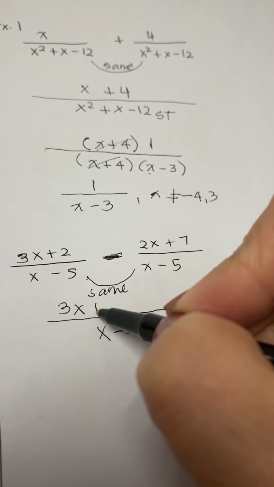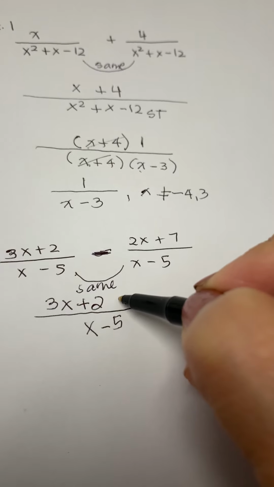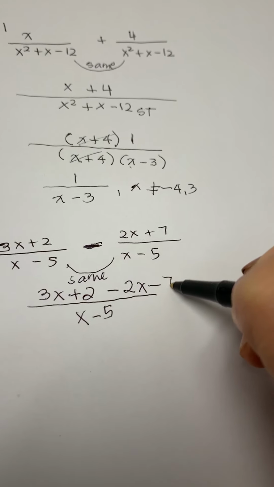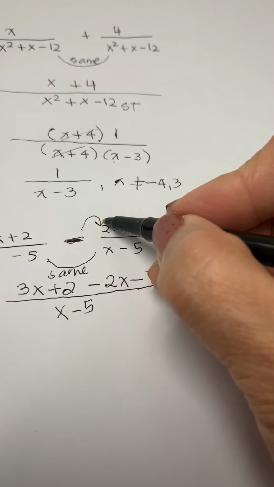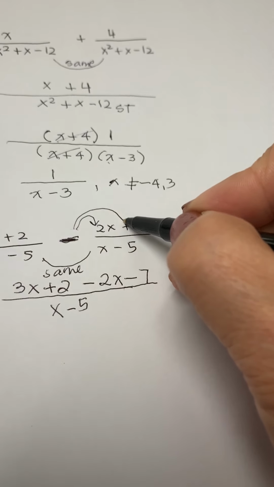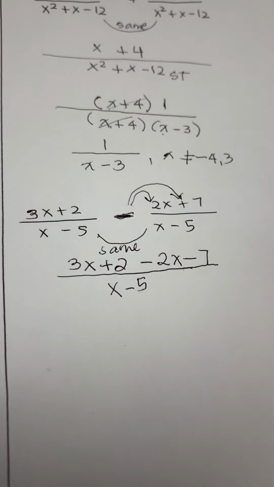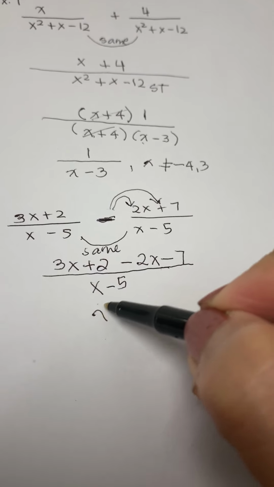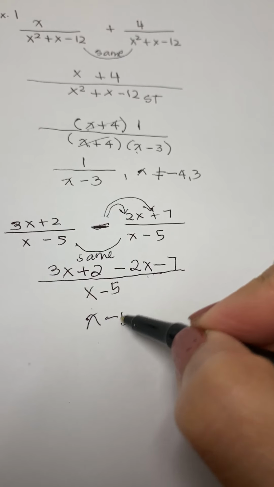So 3x plus 2. You could write minus parentheses, or you could just write minus 2x and minus 7. So don't forget, this gets to be distributed to these two numbers here. Okay, so combine like terms, 3x and -2x will give you x. +2 and -7 will give you -5.